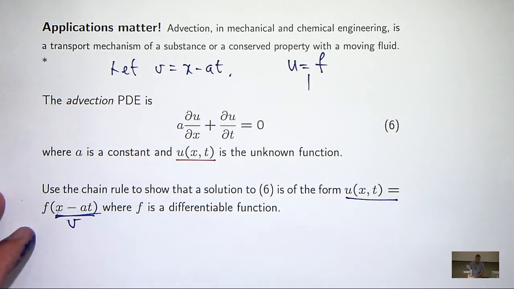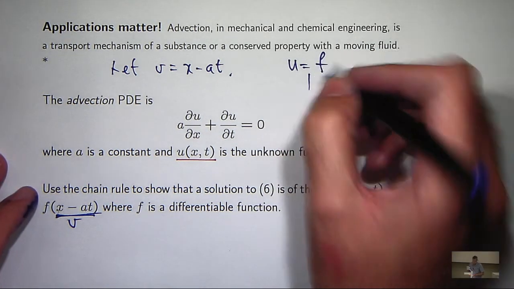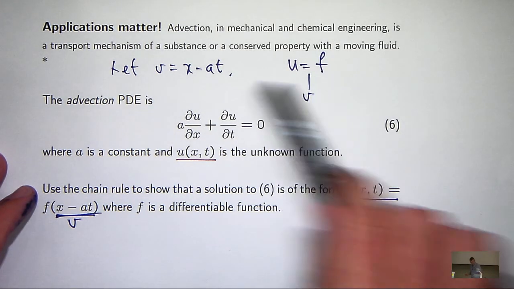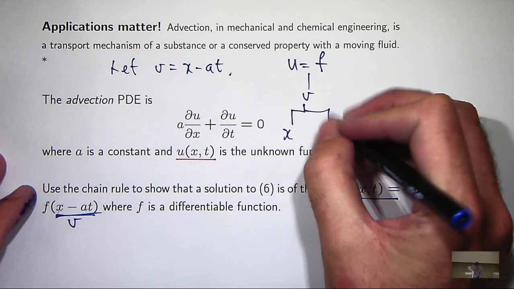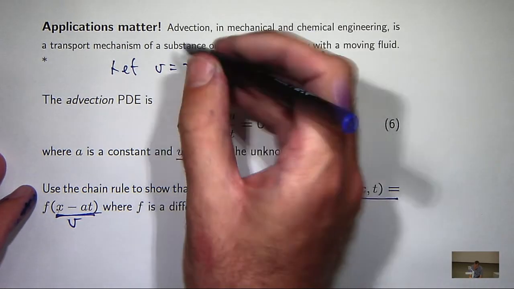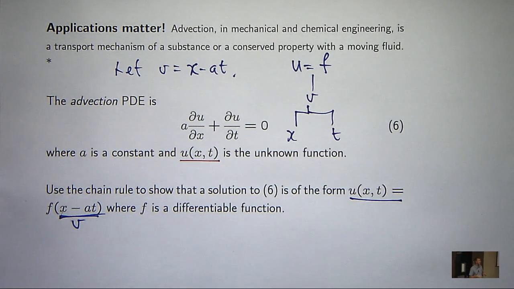Okay, a is a constant, x and t are your variables, right? So to set up the chain rule, I notice that f depends on v, and v depends on two things, x and t. Remember, a is a constant. We don't know what it is, but it's just a constant. So to set up our chain rule, we just work from the top to the bottom.